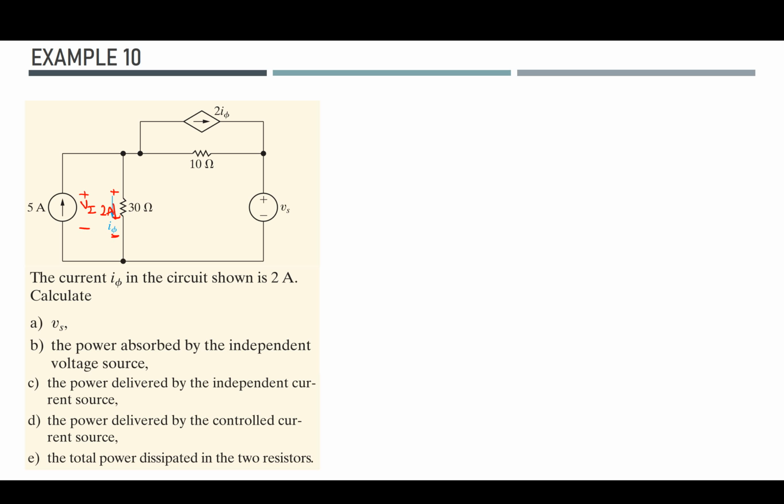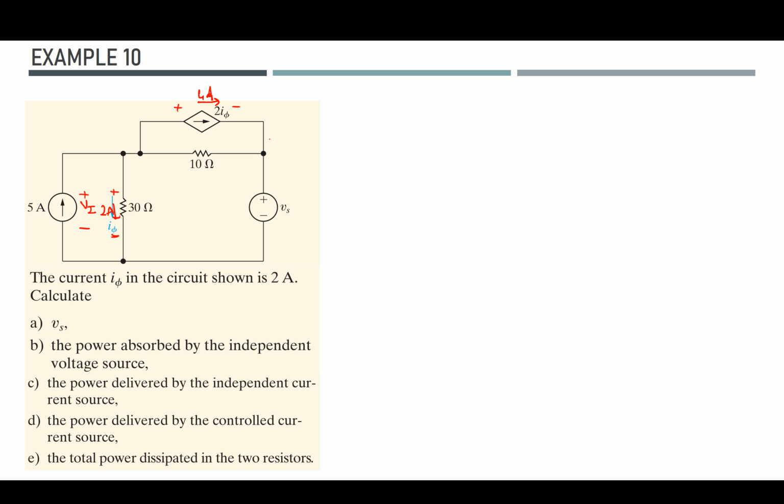We can see that Vi should be equal to 60 volts because they are in parallel, so we can say it directly. Now in the second part we also have some reference directions enforced. This is 4 amps because it's 2 phi, and if phi is 2 amps then this is 4 amps flowing in that direction.